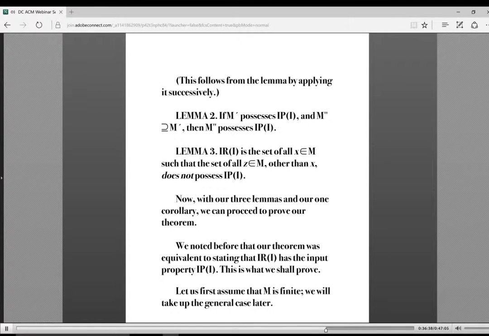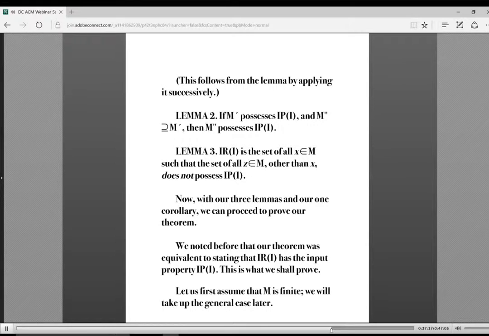And that follows from the lemma by applying it successively. Lemma 2: if M prime possesses the input property and M double prime contains M prime, then M double prime also possesses the input property. And lemma 3: IR of I, the input region of I, is the set of all X in M having the property that the set of all Z in M other than X does not possess the input property.